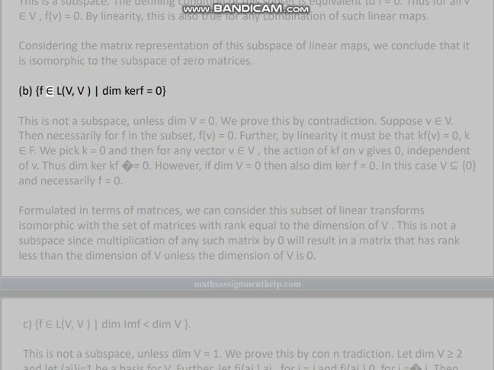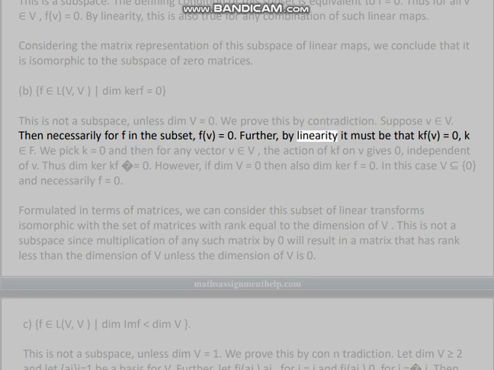B. F in L(V), dim Ker F = 0. This is not a subspace, unless dim V = 0. We prove this by contradiction. Suppose v is an element of V. Then necessarily for F in the subset, F(v) ≠ 0.